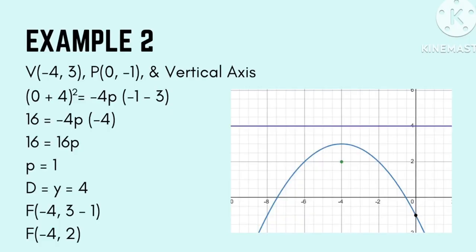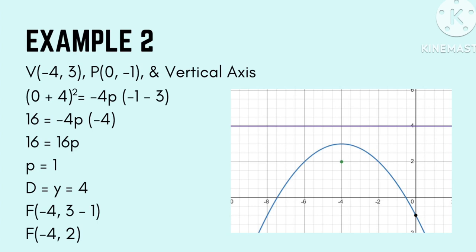Next, for example number 2, we have a vertex of (-4, 3) and a point of (0, -1), assuming that there is a vertical axis. We just have to substitute our point and our vertex, since it is (x, y) and (h, k).